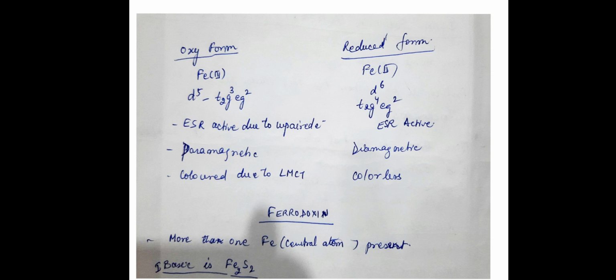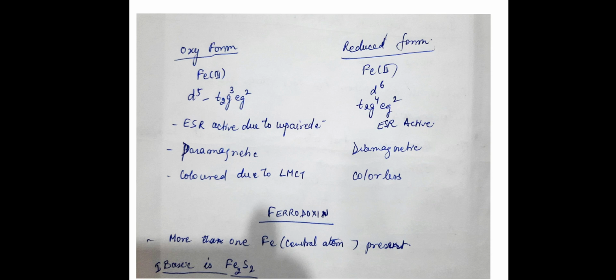These 5 orbitals have one unpaired electron in molecular orbitals, and in the D6 configuration ESR is inactive because the 6 electrons are paired in the molecular orbitals. So we consider ESR according to the molecular orbital theory, not CFT.